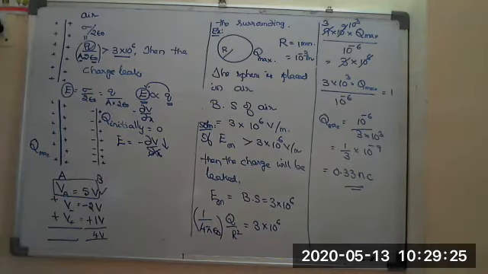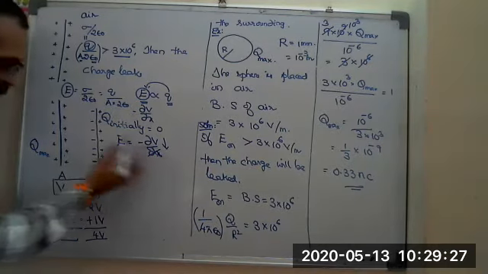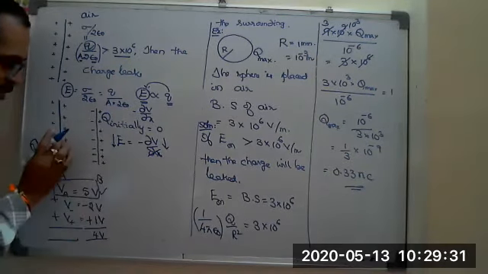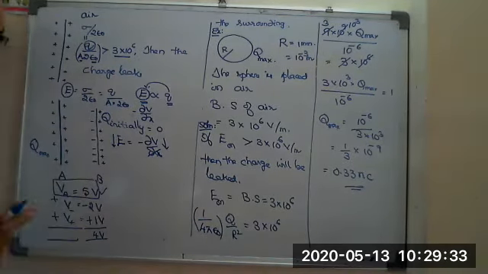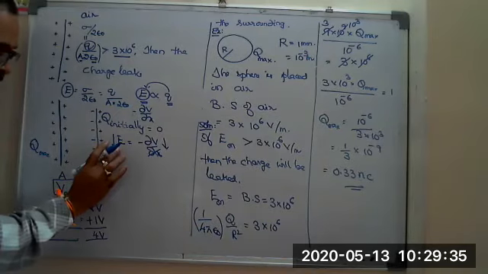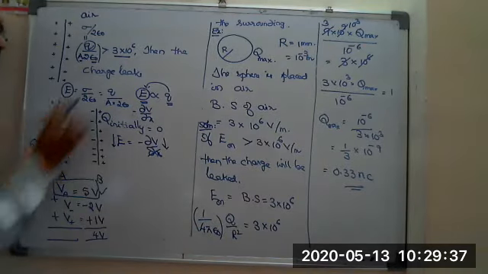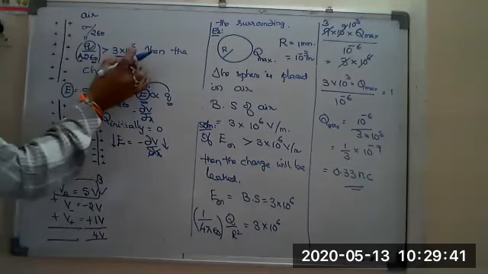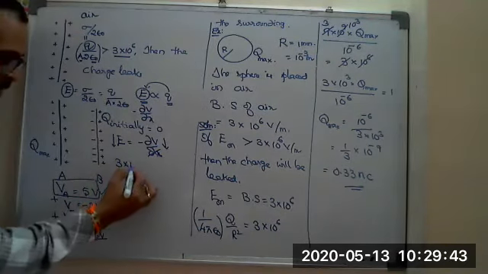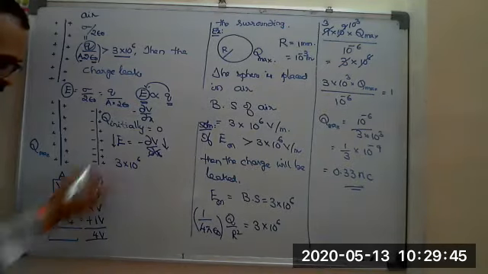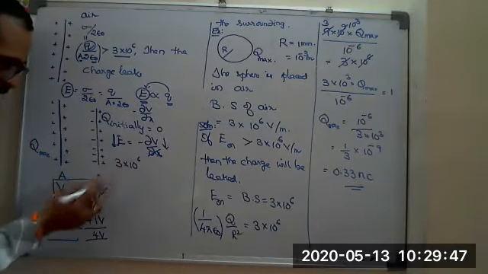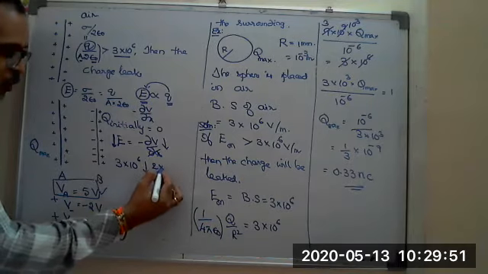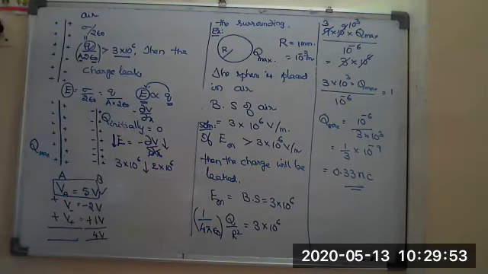Then immediately the electric field strength formed by this plate will be decreased. Previously how much was the value, Nana? By giving the maximum charge, you have 3 into 10 power 6. Now the field intensity is decreased, suppose to some 2 into 10 power 6.